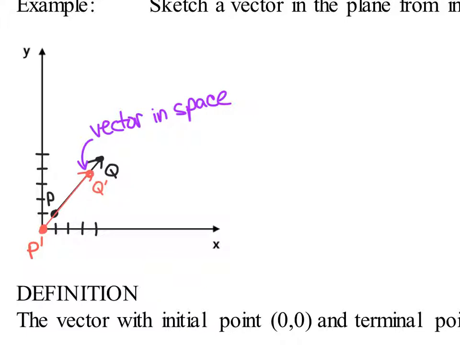All right, so the vector that's anchored at the origin is defined by the endpoint.